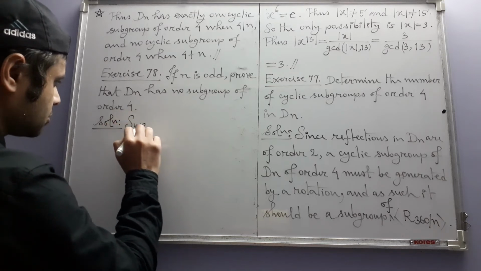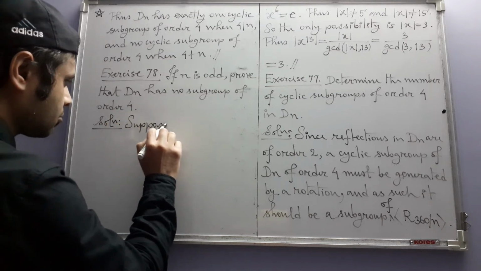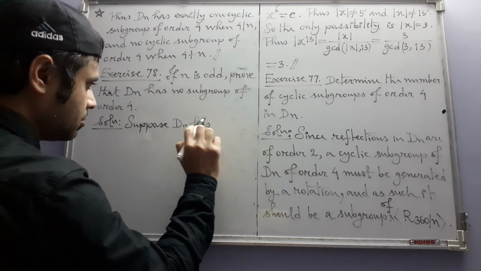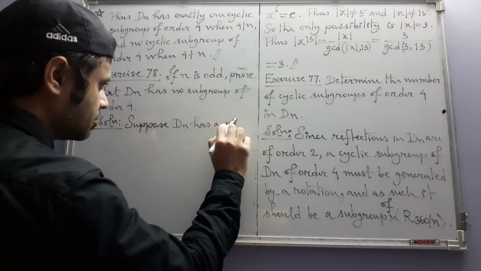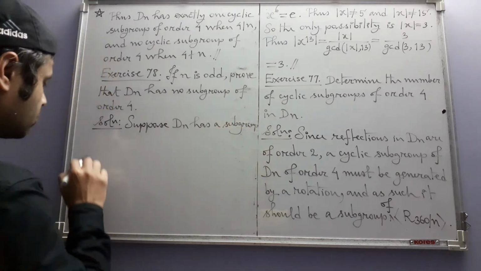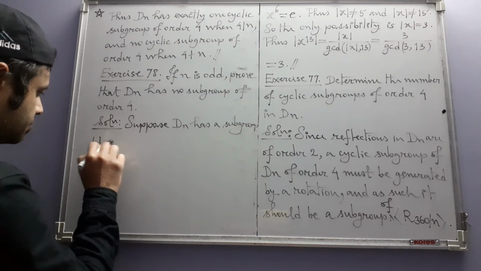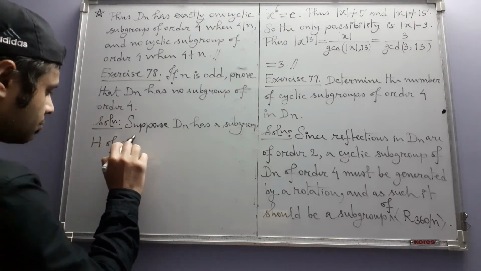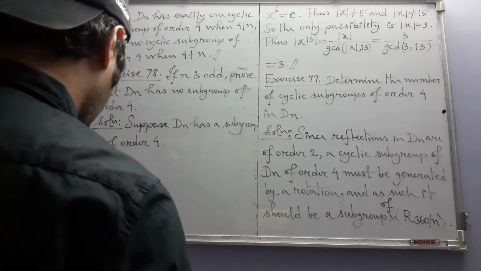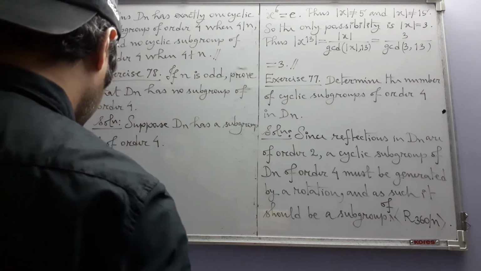So suppose Dn has a subgroup H of order 4.